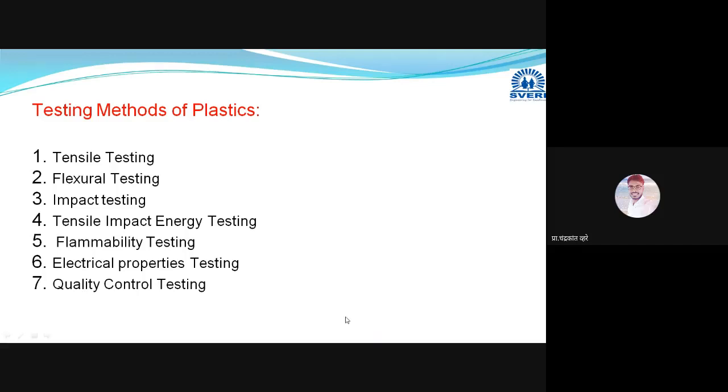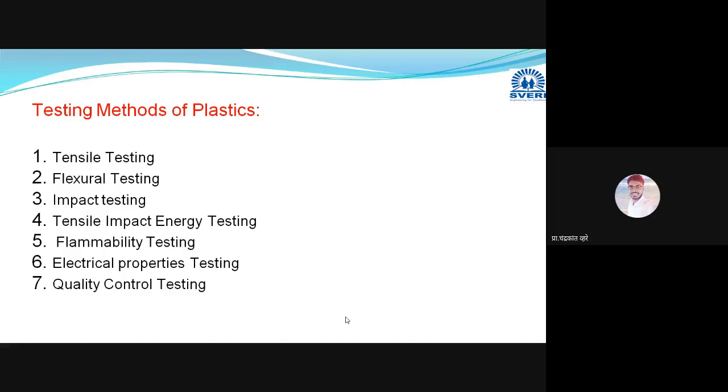In Machine Design 1 also, we studied different testing methods: tensile test, compressive test, shear test. Using different calculations or design analysis software, we made the analysis and checked whether the product will sustain the respective load or not.